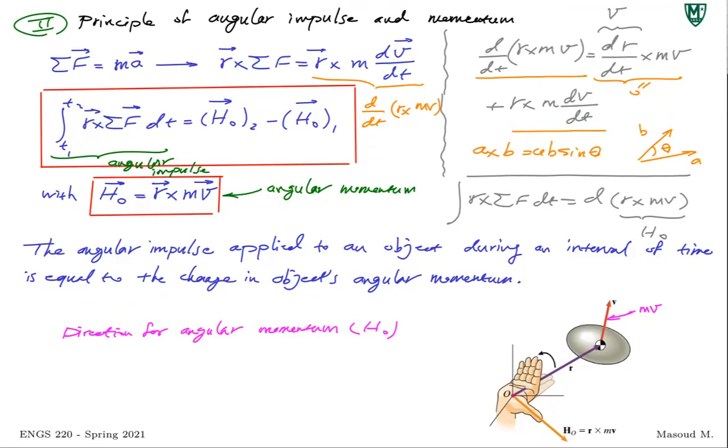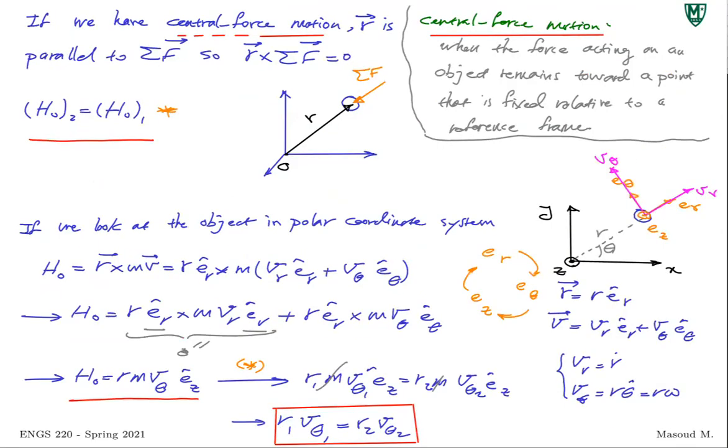And just keep in mind that angular momentum is also a vector because it's a cross product of two vectors. Now, we introduced a special case, central force motion. What was central force motion? We introduced that as a kind of motion in which the direction of the resultant force on your particle, object, or rigid body always stays toward a fixed point.